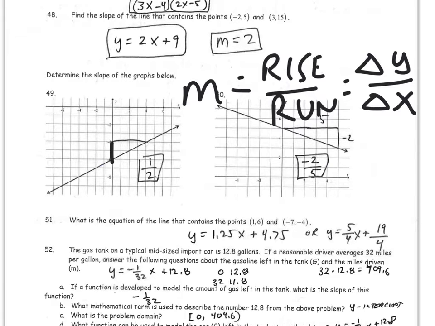So delta y over delta x. We're going positive in y, so this is a positive 2, and the run is a positive 4. 2 over 4 equals 1/2. Here we're going down 2, that's a -2, and we're going right 5, so it's a -2/5.